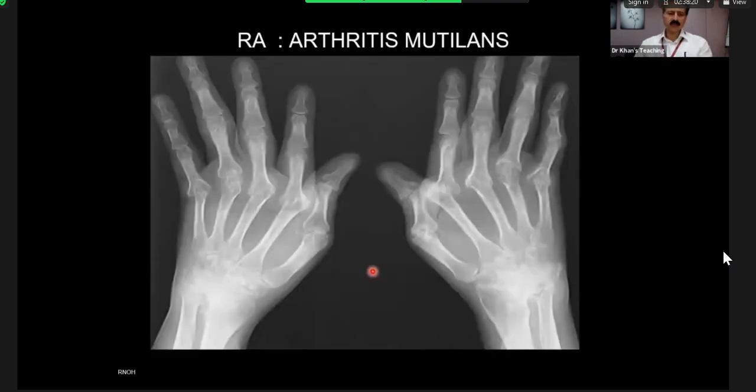So here you are, arthritis mutilans, and you can see various kinds of deformities and these ulnar deviations at multiple joints. So this is the ulna, and you can see how there is collapse of all the carpal bones.